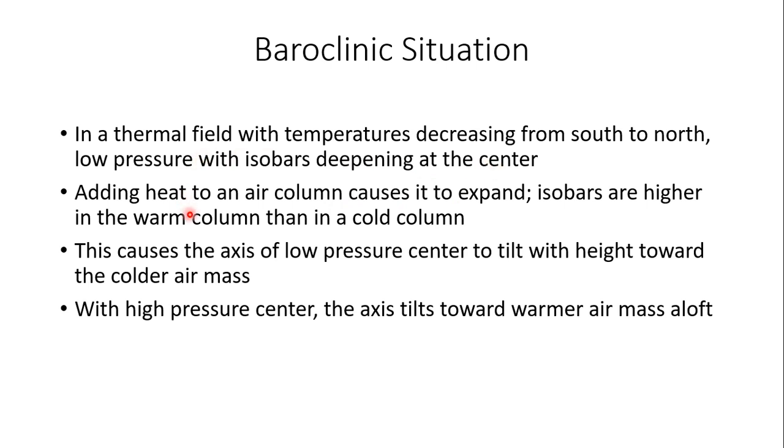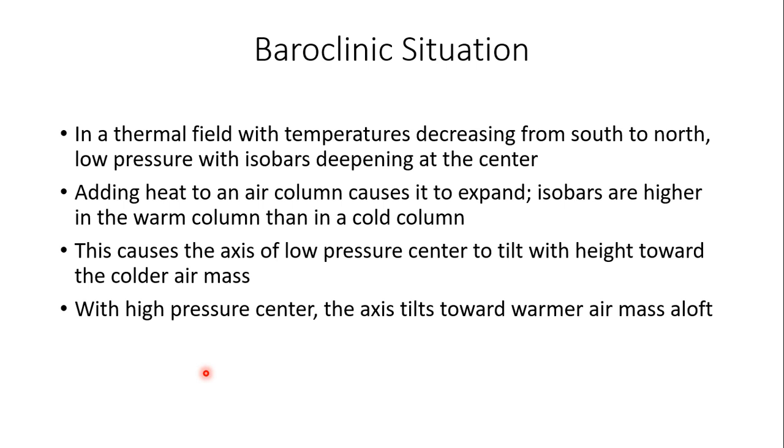Now if I add heat to an air column, again, it's going to cause that air column to expand and get taller. Isobars in this case are higher in the warm column than in a cold column. And this is going to cause the axis of low pressure to tilt. So from the surface low pressure center, it's going to be a tilting effect with height toward the colder air mass aloft.